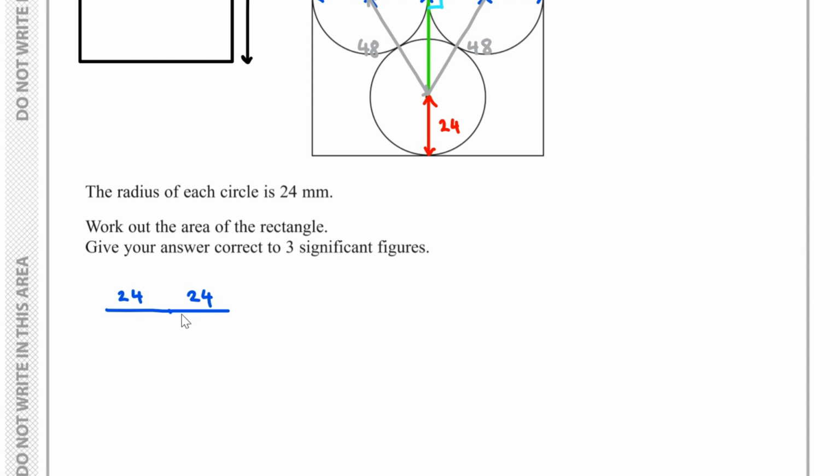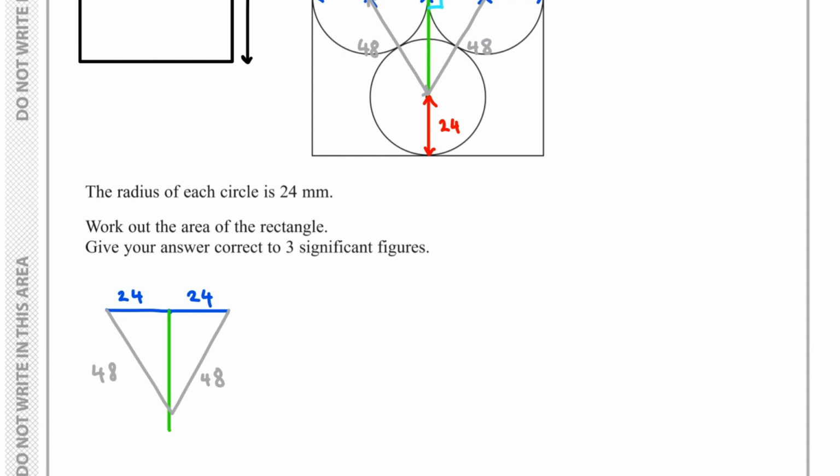And then we've got this height over here. And then we've also got this line, which is 48, and we've also got this one here, which is also 48.